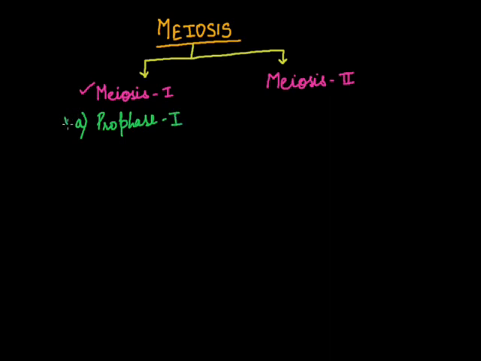Just to remind you, prophase 1 is the longest phase of the meiosis process, and it is further divided into five steps: leptotene, zygotene, pachytene, diplotene, diakinesis. The order is: first leptotene, second zygotene, third pachytene, next diplotene, and the last step of prophase 1 is diakinesis.